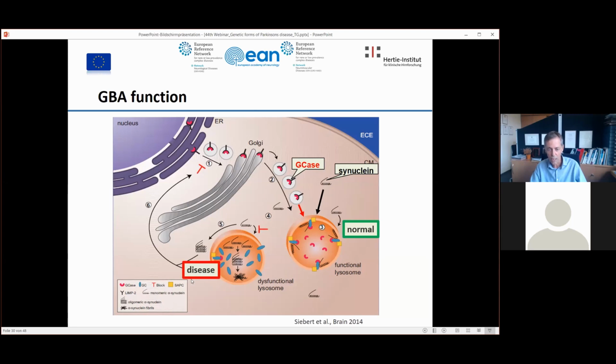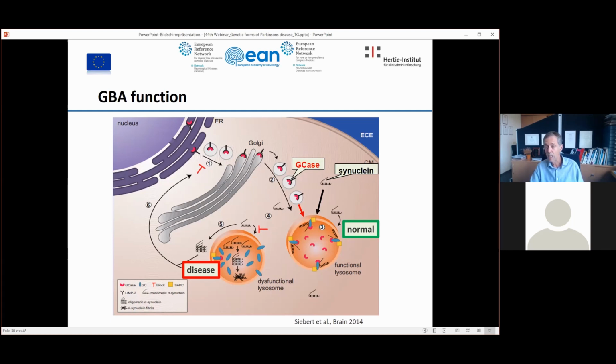If there's a mutation in the disease case, there's no function, or there's an impaired function of the lysosome, and therefore the alpha-synuclein aggregates, and the cells that produce a lot of alpha-synuclein oligomers and aggregating fragments become damaged, and Parkinson's disease develops. So again, a specific process that is linked to the development of Parkinson's disease caused by the mutation of this glucocerebrosidase gene.